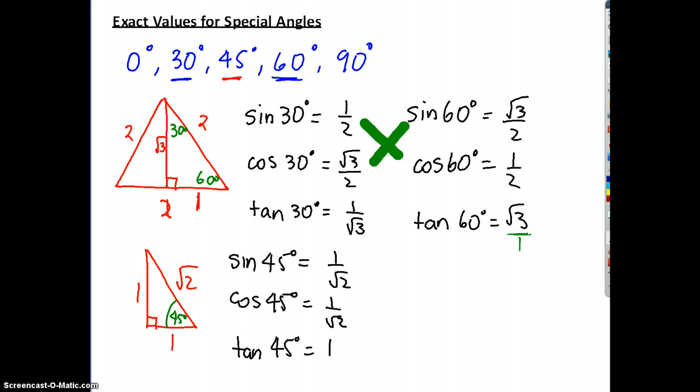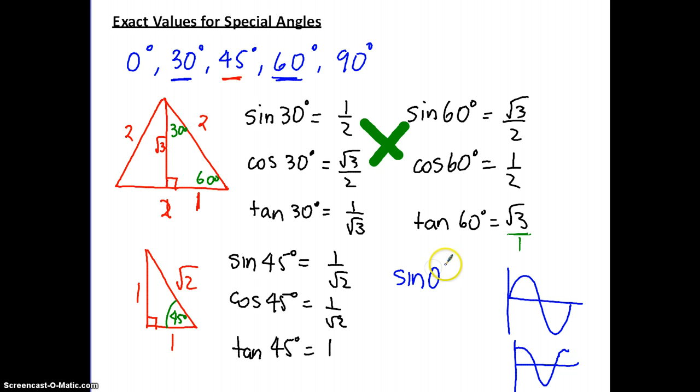Alright, for the 90 degrees and 0, this is what I remember. Now we'll look more at graphs later on, but I remember a basic sine graph and a basic cosine graph. And I remember the sine of 0 is 0, and the sine of 90 is 1.